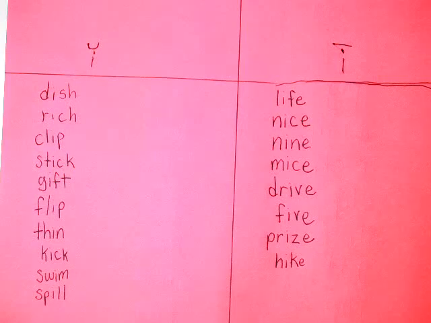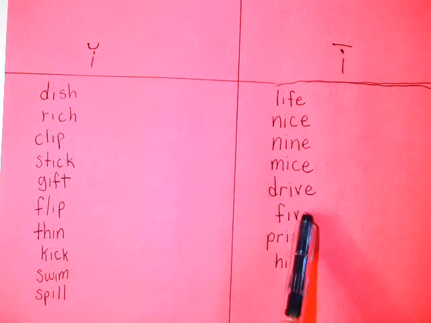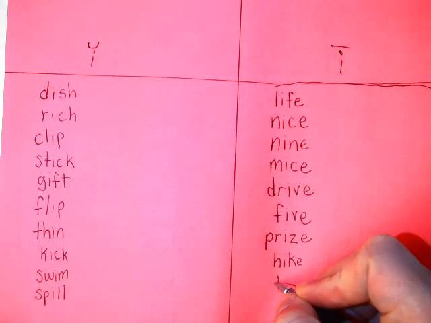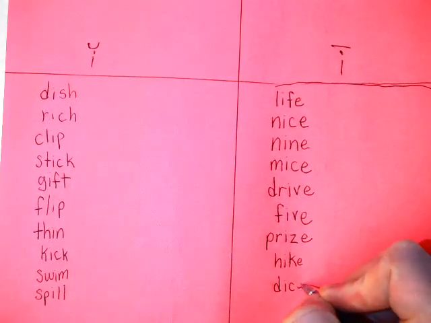Your next one is dice. Dice. If you hear short i in dice, put it here. If you hear long i in dice, put it right over here. If you thought it went here, you would be correct.